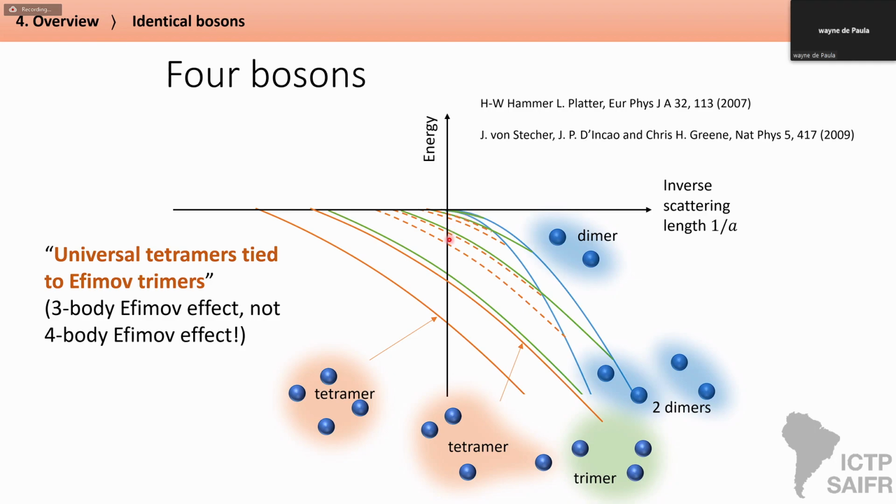Okay. Thank you. And I should mention that the reason I plotted them here as dashed lines is because, strictly speaking, they are not bound states. They are resonances because they are embedded in the scattering continuum of a trimer plus 1 particle. So you have the various scattering thresholds defined by each trimer, and these tetramers here appear actually as resonances, but they are quite narrow, and they do follow a pattern similar to the ground state.